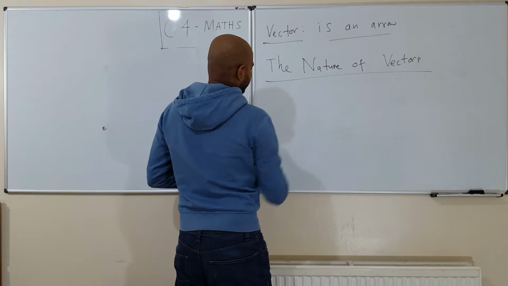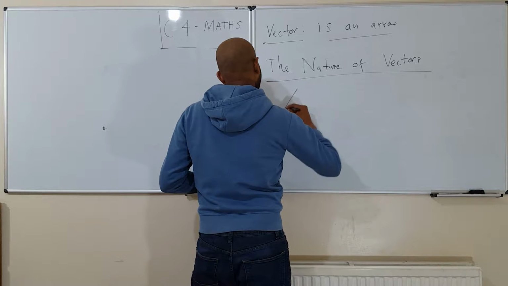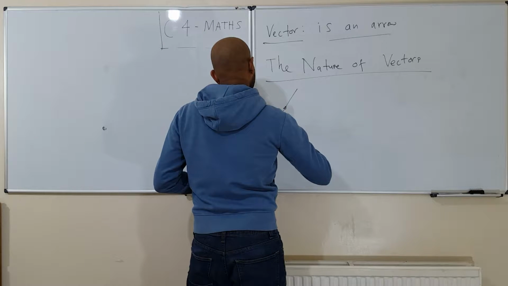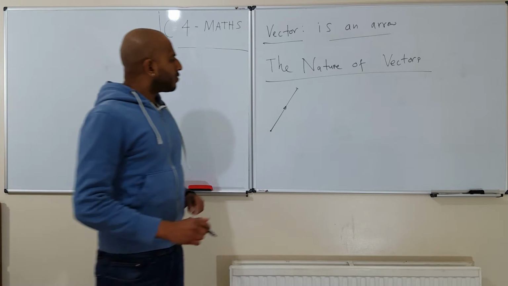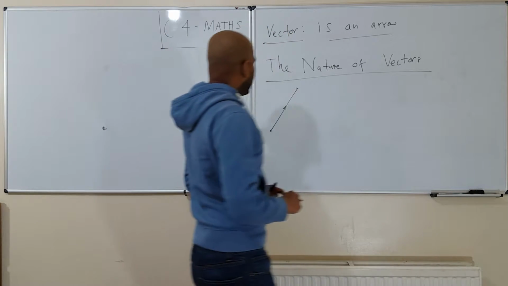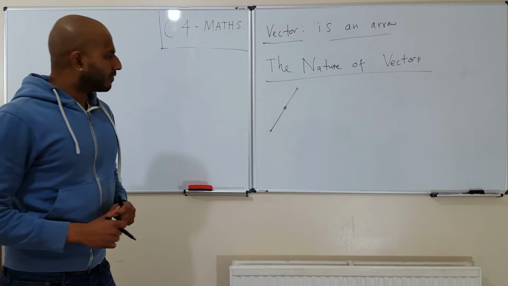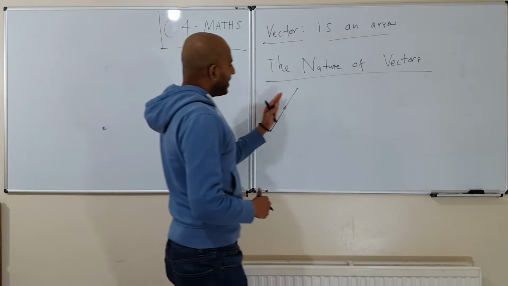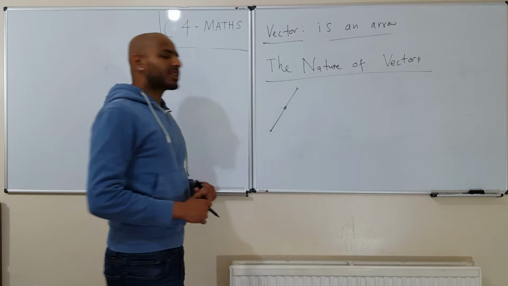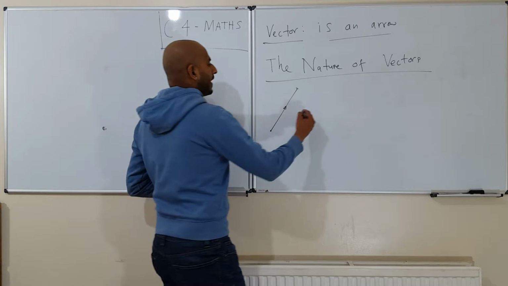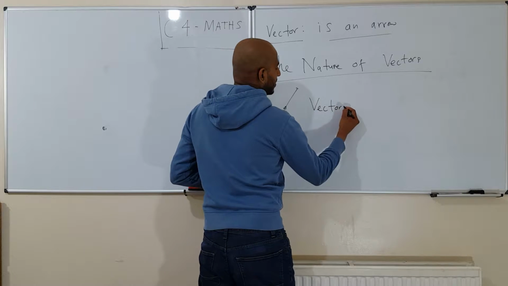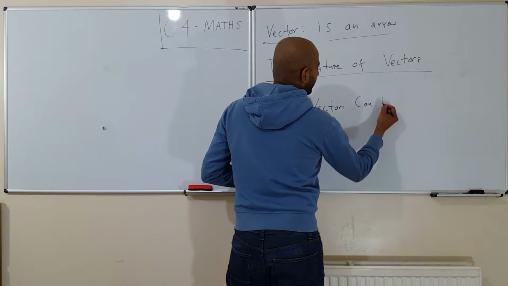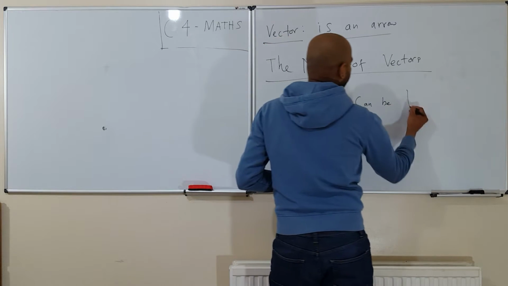Let me draw it again, something better. Now, there are a few things we can do. Vectors can be translated. Let me explain what this means.